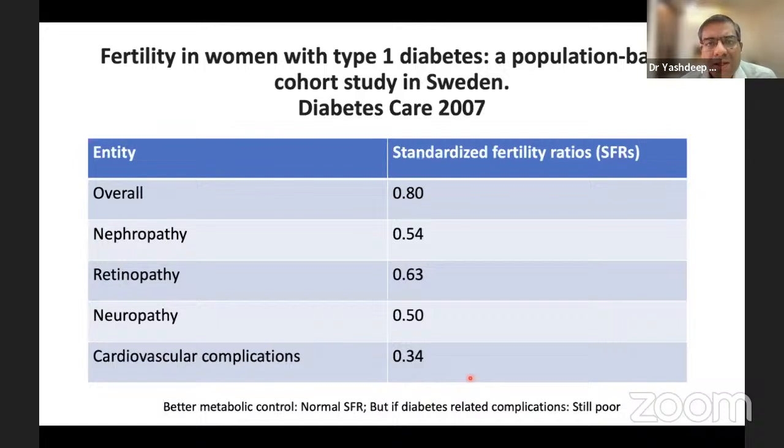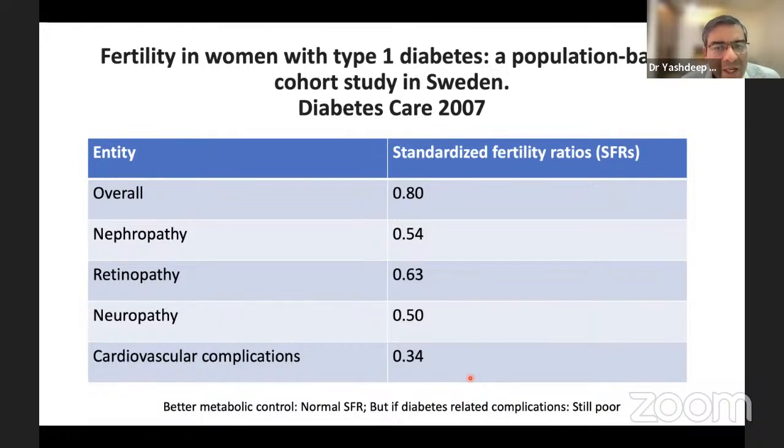So this is a study from Sweden, which shows that the observed rates of live births compared to the expected rates of live births in the general population are low in type 1 diabetes. So there is a 20% decrease in fertility rates compared to the general population in women with type 1 diabetes overall.